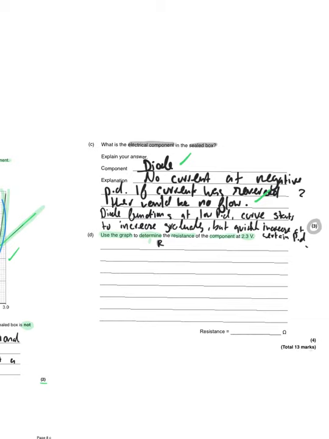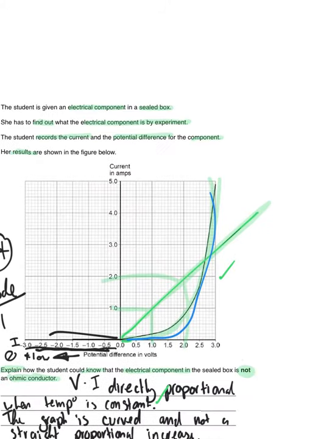So this is worth 4 marks. So I'm looking for a number. It's going to give me the units here. So I don't need to get the units for this to get the marks, but I need to be able to find the resistance of this component at 2.3 volts.